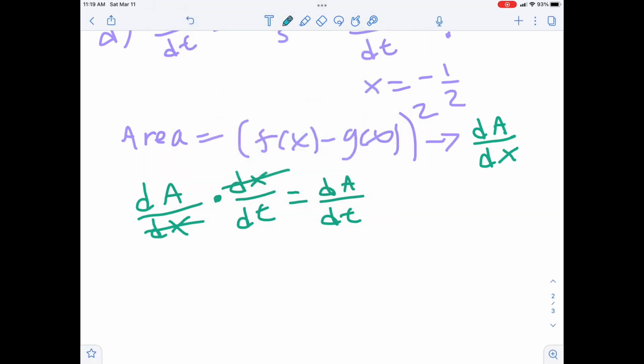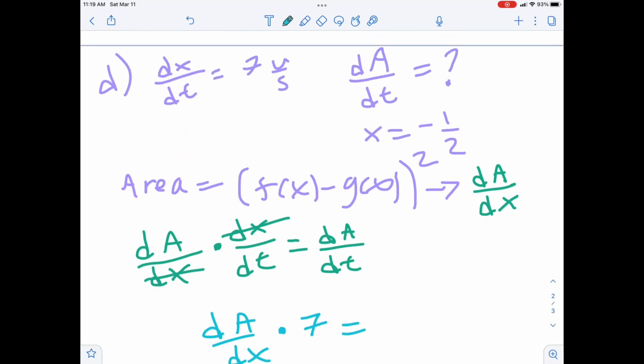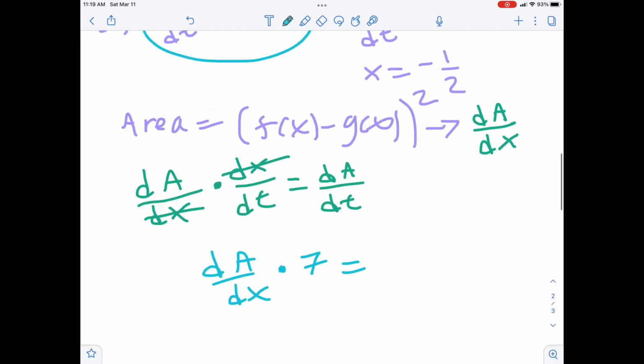So now let's actually do this. I'm not going to write out the actual derivative for area. I'm just going to say dA over dx times 7, which, as they told us in the problem, is our change in x with respect to time. If you do the derivative on your calculator, you would get that this is equal to negative 9.271, and it's important to put units per second.